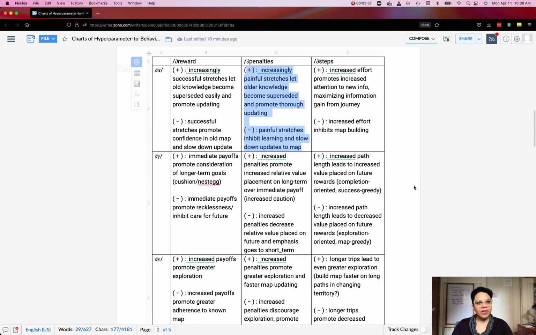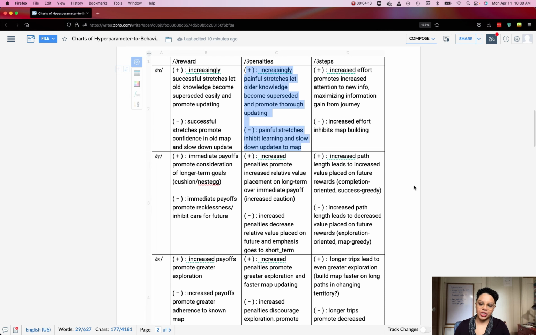What about gamma? If gamma increases as reward increases, that means that immediate payoffs are promoting the greater consideration or greater relative value of longer-term goals. Whereas a decrease in gamma when rewards increase means that immediate payoffs are inhibiting the relative value that's placed on the future. If gamma goes up when penalties go up, that means that the learner's relative attribution of value on longer-term rewards is increasing.